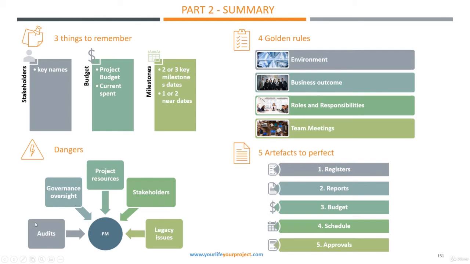So audits, government oversight, a little bit similar. Make sure you do all that is required if those come up with some requirements, so you look good and you have them already. Project resources, that's also around roles and responsibilities. Make sure that they have clear responsibilities, and they don't try and throw some your way.